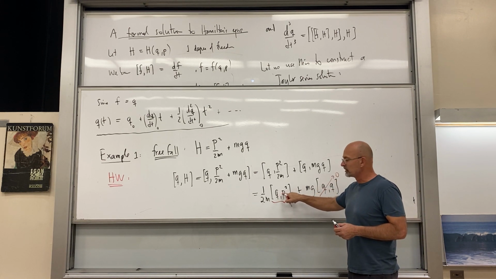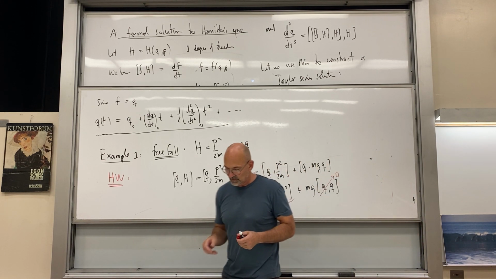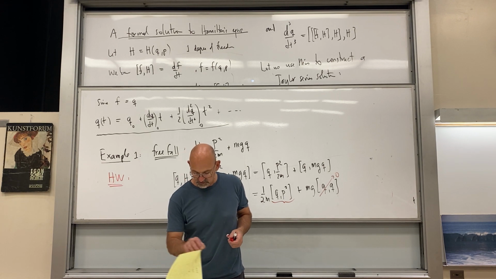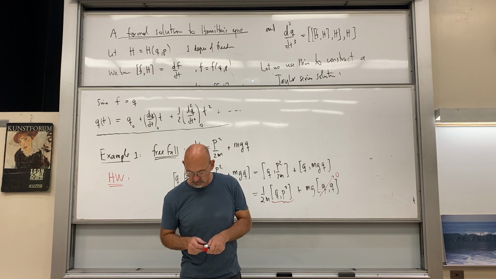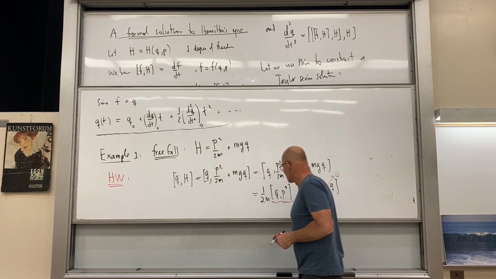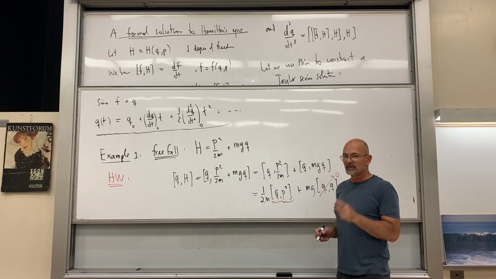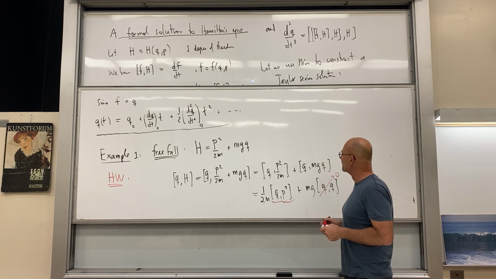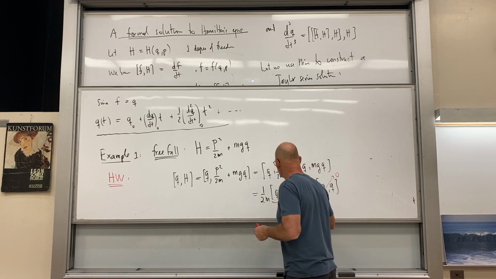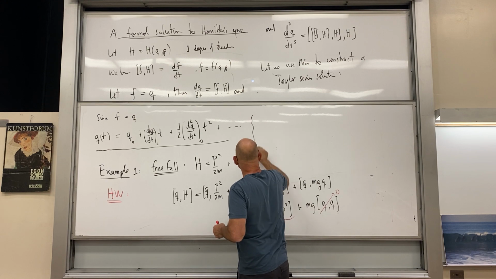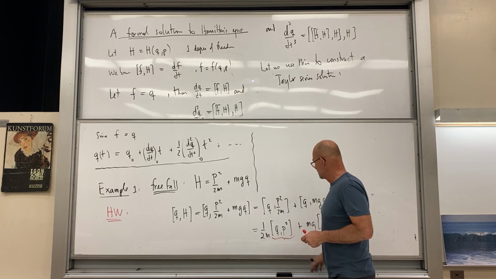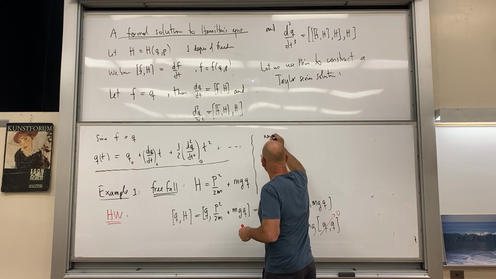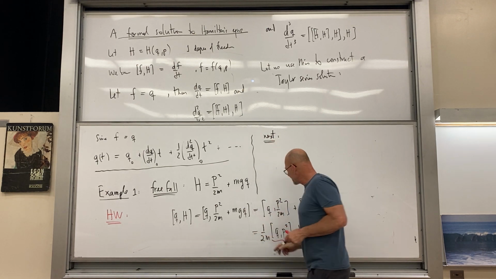So you're just going to have Q and P squared. Actually, for the purposes of the next one, I have to write this down. So you're going to get this one.